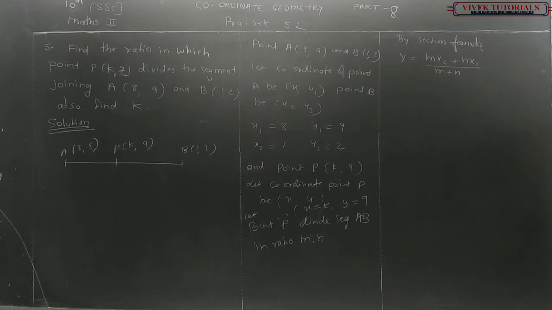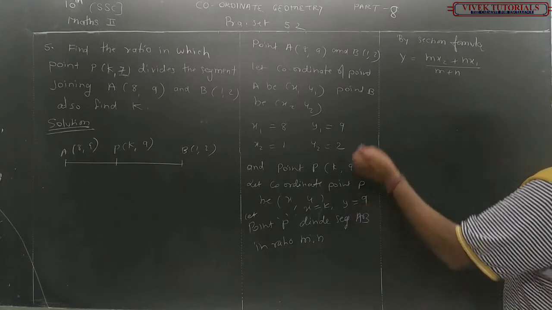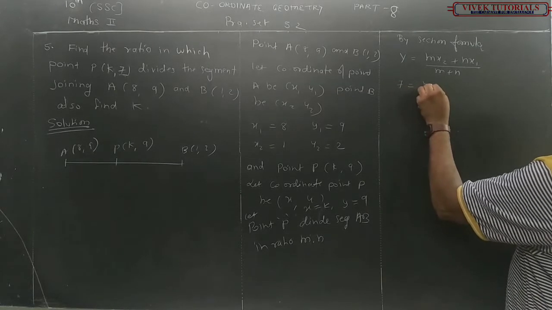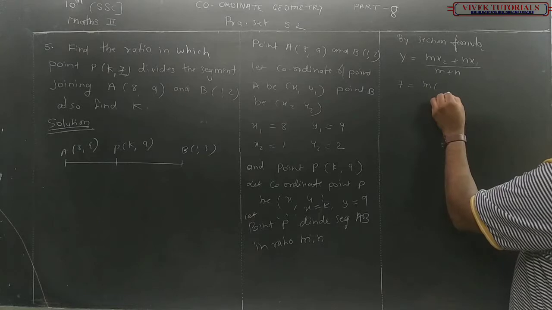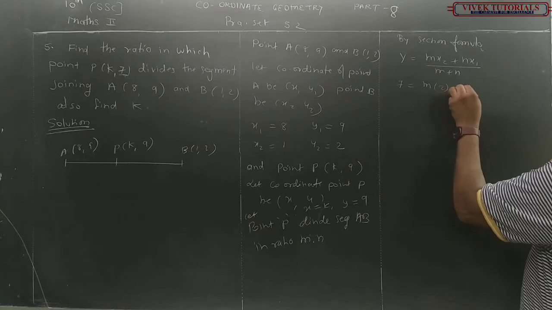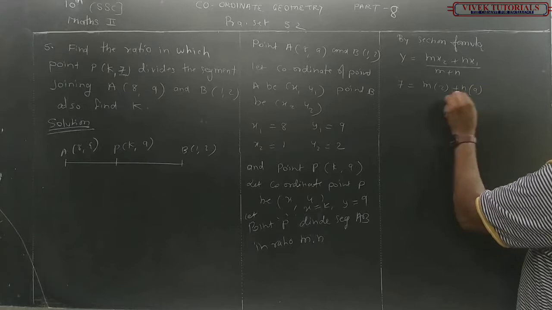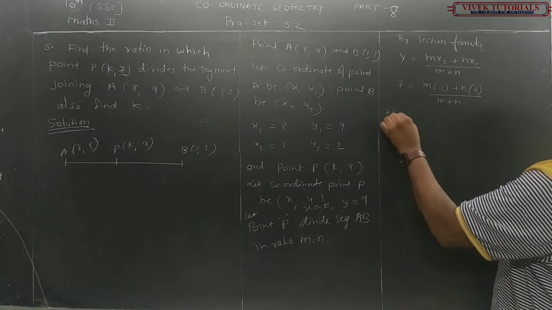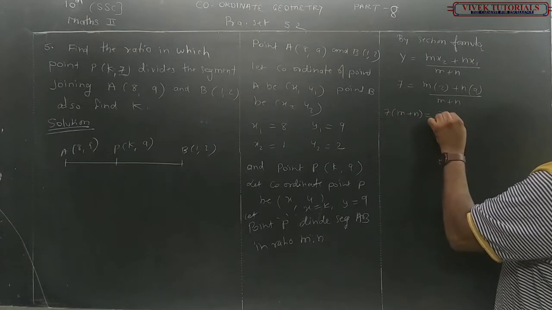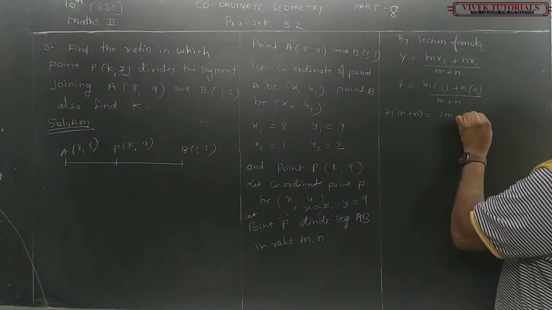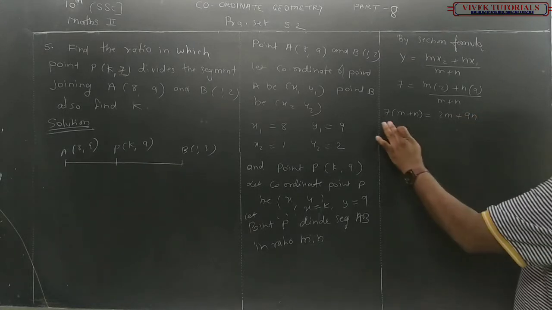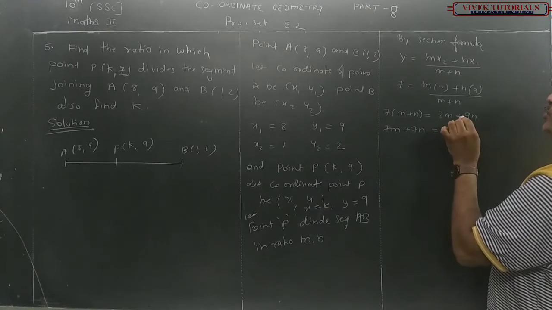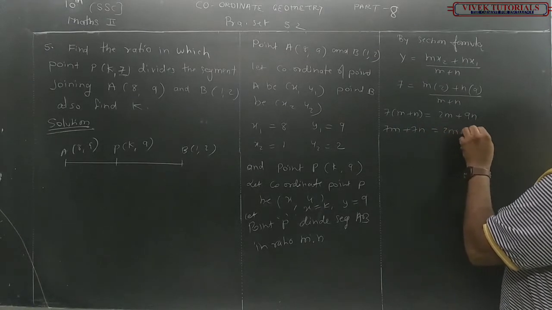Got it? So what is the value of y? y is nothing but 7, which is equal to m into y2, which is 2, plus n into y1, which is 9, upon m plus n. So 7 into (m plus n) is equal to 2m plus 9n. So what did you get now? 7m plus 7n is equal to 2m plus 9n.